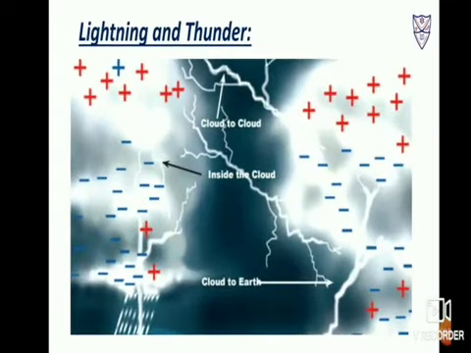Now students, in this slide we are going to discuss how lightning and thunder occur. As you all know, a cloud contains tiny crystals of ice and droplets of water. These tiny crystals of ice and droplets of water move against each other, and as they do, they produce a huge amount of charge in the cloud.